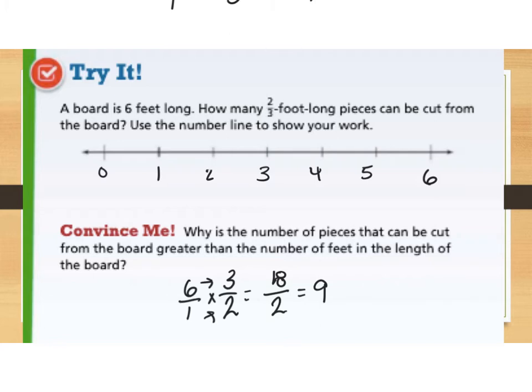So in order to write this on the number line, we must divide each of these up into thirds. So you should have a total of 9 pieces.